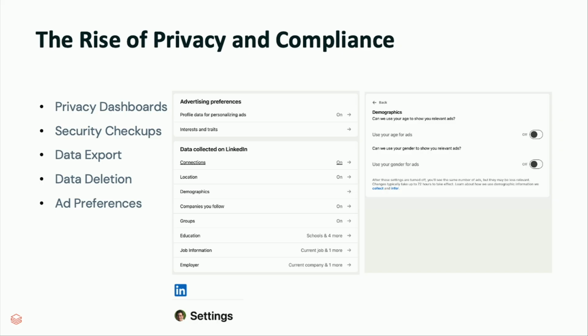So such companies expose user-facing settings and knobs, such as privacy dashboards for the user to review everything about their privacy settings, and security checkups that run on a frequent basis to give the user reports about the status of their account and its security. In addition to tools such as exporting their data or deleting their data altogether from the website, or tuning their ad preferences to state which advertisers can know what about them or which types of ads they can receive.